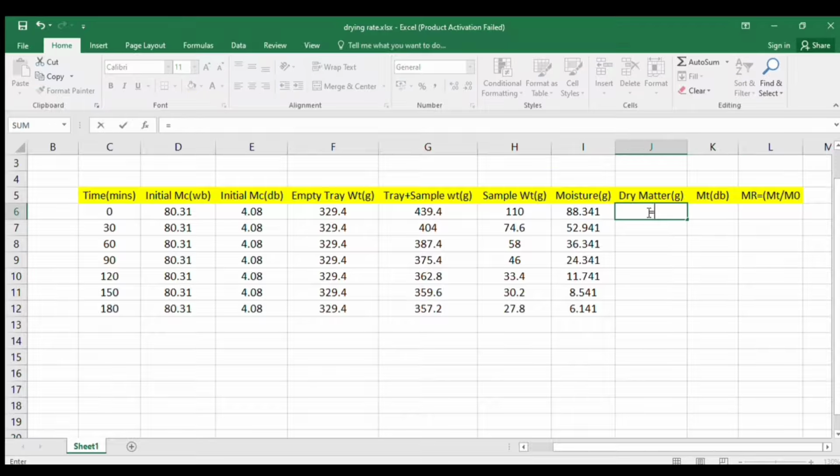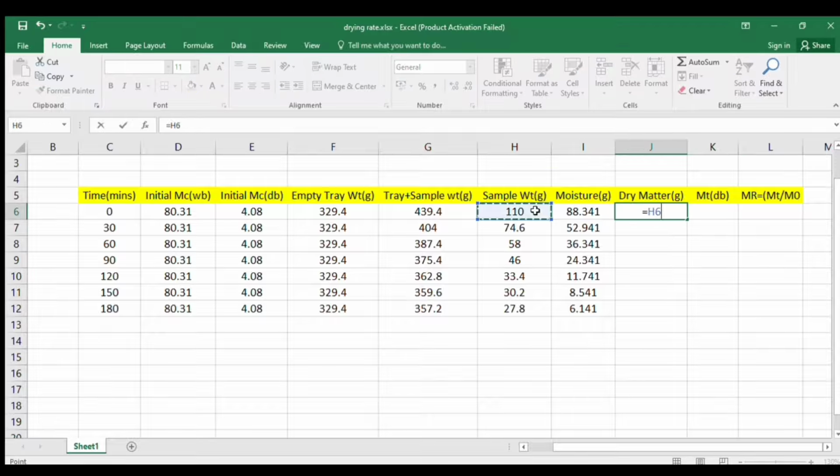Then dry matter, now it's easy to calculate. Sample weight minus moisture will give the value for dry matter. Then the moisture at any time, dry basis.